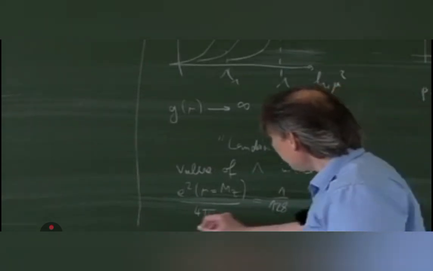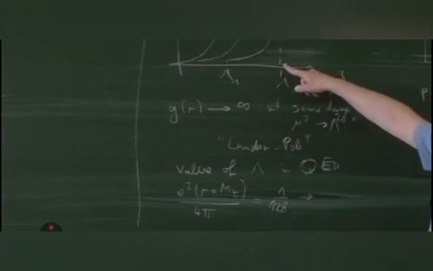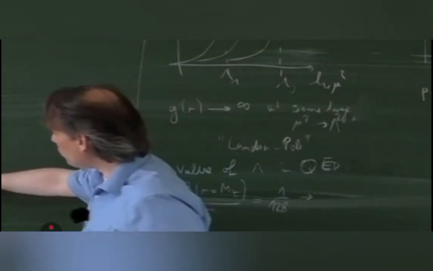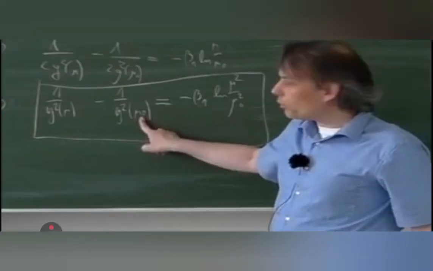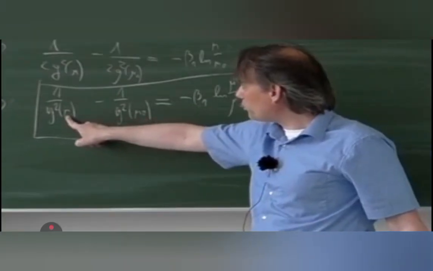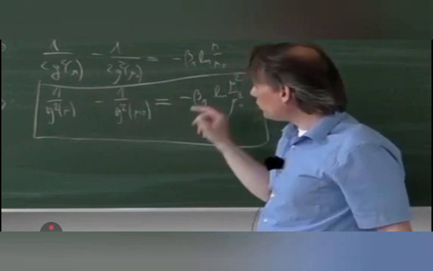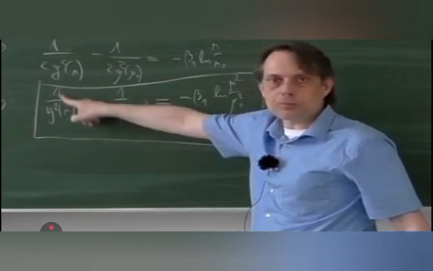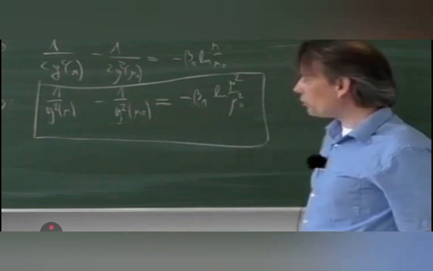Then what is the value of lambda at which this running coupling becomes infinite? So how can we solve this? We need to go into this equation. Our starting value mu 0 is now the Z mass, and we want to ask that g of mu vanishes. So mu becomes lambda, mu 0 becomes mz, or vice versa. So then this would be 0 because the coupling is infinite. And here we have our starting value, and here we then get some known solution.